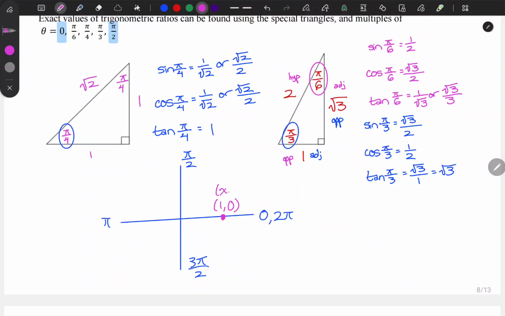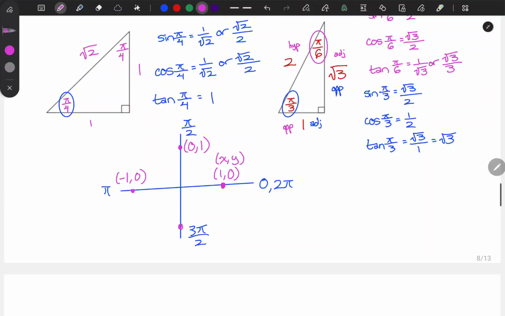That gives you an x value and a y value. We have a point (0, 1), (-1, 0), and a point (0, -1). So picking one of those 4 points, depending on your reference angle, will give you an x value and a y value, and because we're on the unit circle, your r will still be equal to 1. We'll look at some examples of that down below.